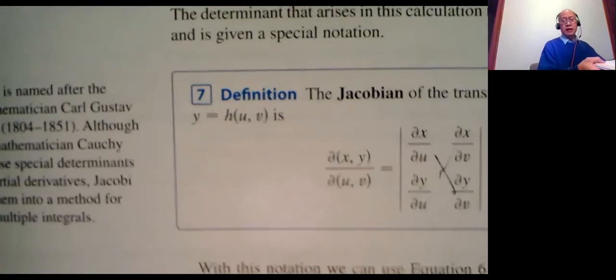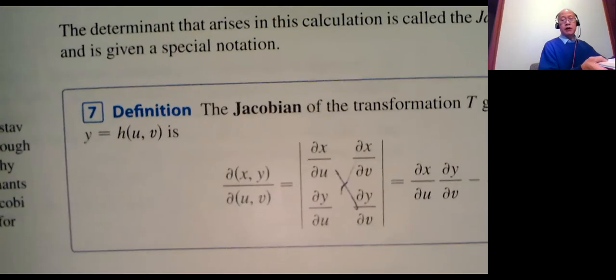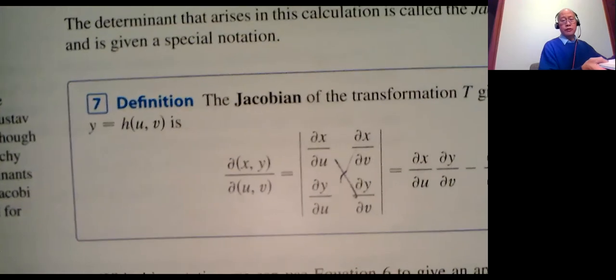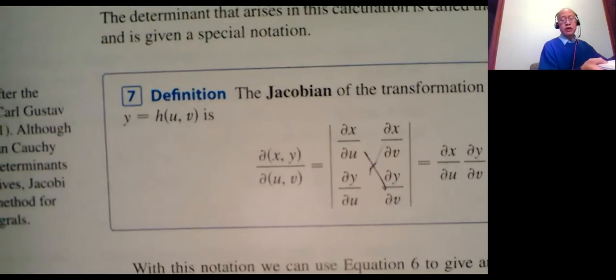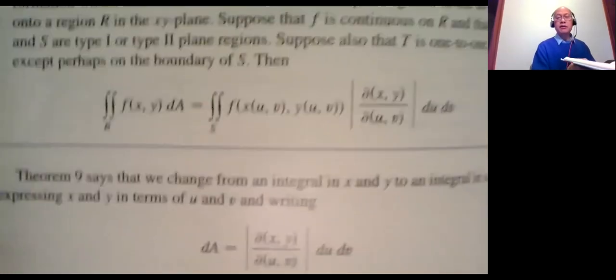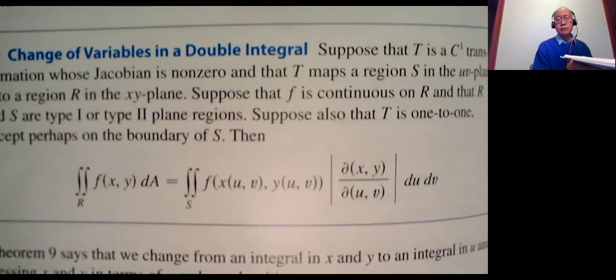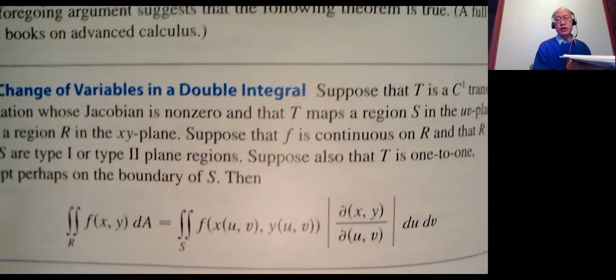Sorry, I misspoke. This is where the bars, see those bars, those are not absolute value bars, right? It's the evaluation of a determinant. So when you write the Jacobian, see how it's just partial of x, y with respect to u, v? There are no bars there. There are bars here. So that means absolute value. Absolute value of the Jacobian. Just to let you know, I will abbreviate Jacobian with a capital J, so I don't have to write that whole thing.